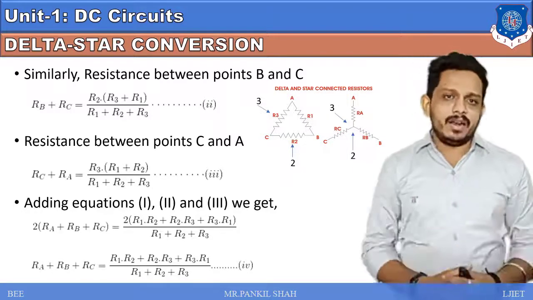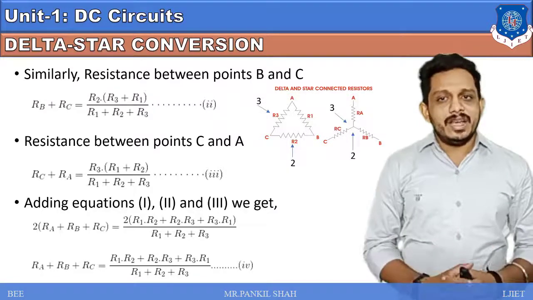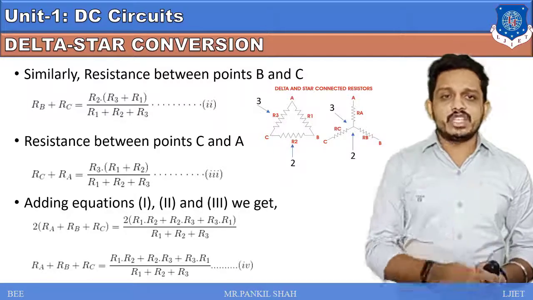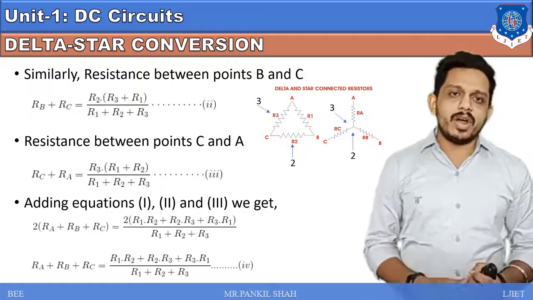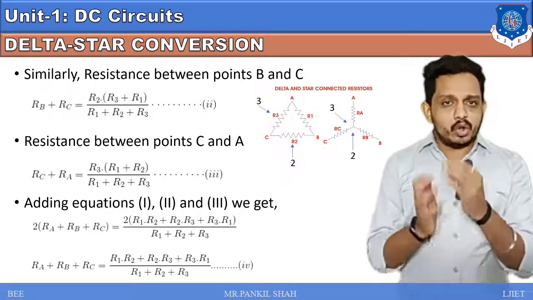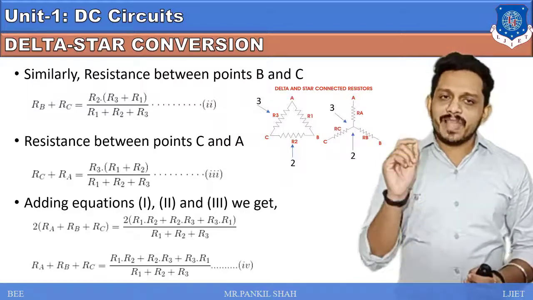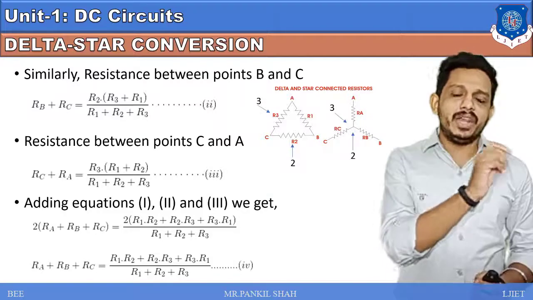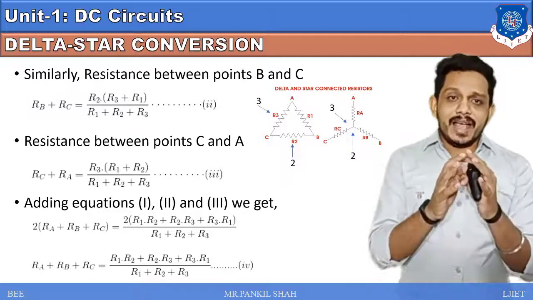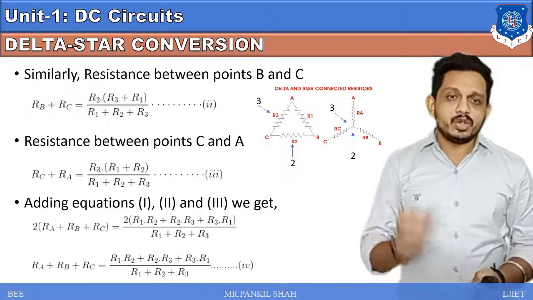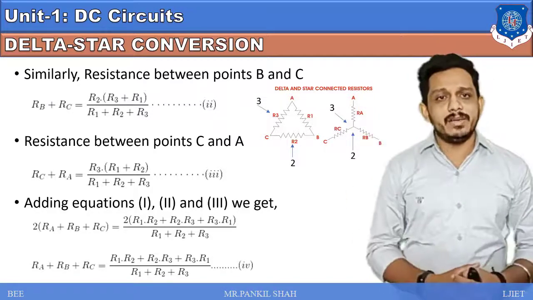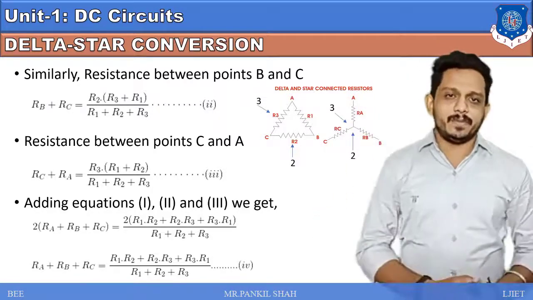On the RHS it will be 2 times the sum of the products of each pair, that is 2 in bracket R1 R2 plus R2 R3 plus R3 R1, divided by the denominator R1 plus R2 plus R3, because in all three equations the denominator is the same. So we have just taken an LCM.